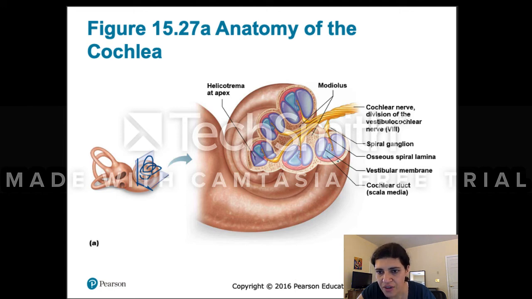So you have the vestibular membrane here, the cochlear duct, which is the middle part, and then these two external parts are the ones filled with perilymph. Their names are not here, but what's important is that you're gonna hear in this middle one.